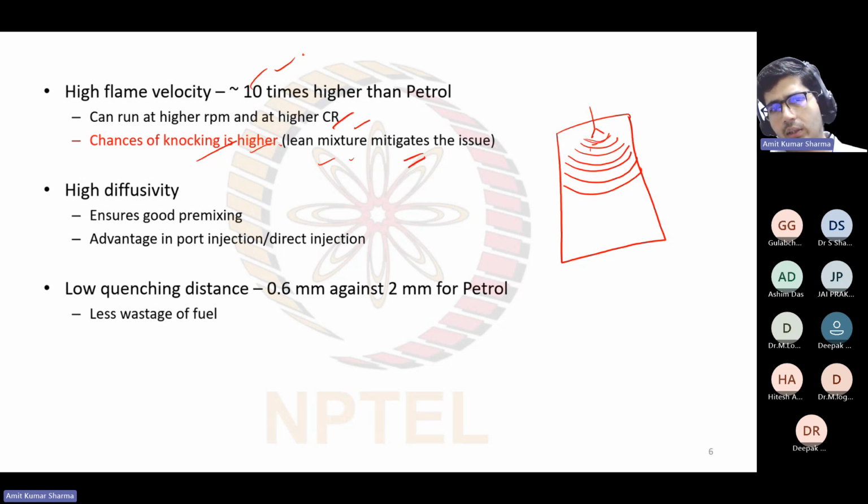You can consider each line as a fuel front. So your flame front will start traveling like this. It should travel in line, smoothly.